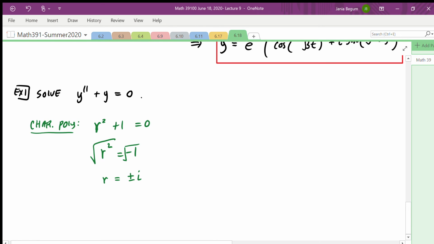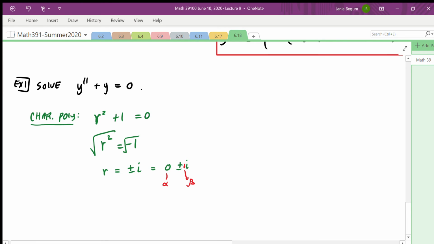If I were to write this in the form alpha plus and minus beta i, this is just 0 plus and minus i, right? Where alpha is this value, and beta is just 1. So that's beta.